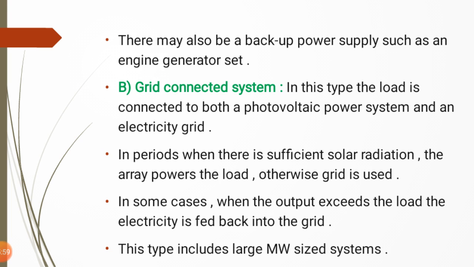In some cases, when the output exceeds the load, the electricity is fed back into the grid. That means when the output exceeds the load of the electricity that we operate, if our need is less but the production of electricity from the solar cell is more, then this extra energy can be fed back into the grid.